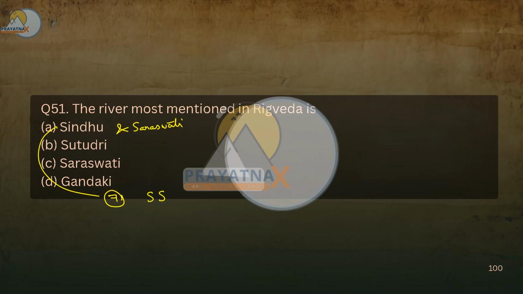Was screenshot, bad vibes, public relation, AC, joint venture. SS was Shutudri and Satluj. Bad vibes was Bias and Vipas.